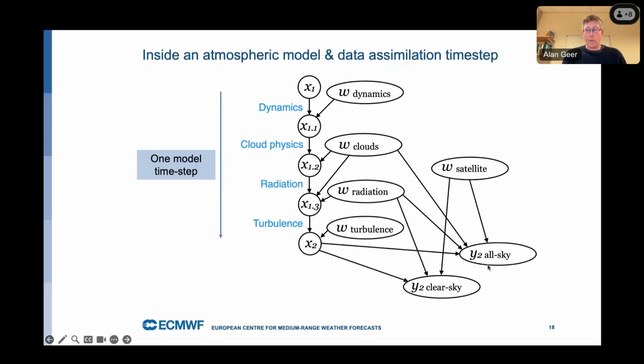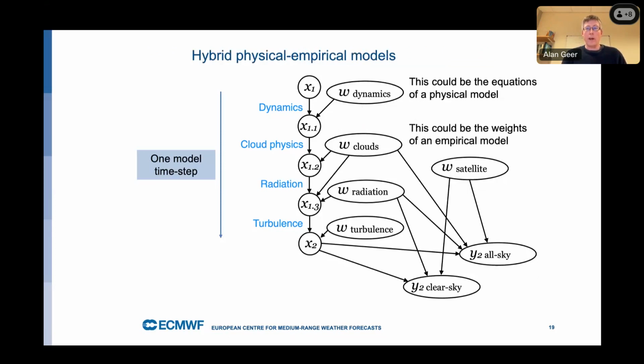And this is where we get to the idea of hybrid physical empirical modeling. If we've described our model as having weights, and these models could either be held fixed, let's say our dynamical core, we know the physics equations really well, we assume that those are perfect, so we can hold the dynamical core fixed, and that's a physical model.